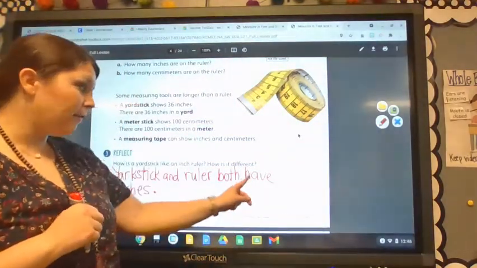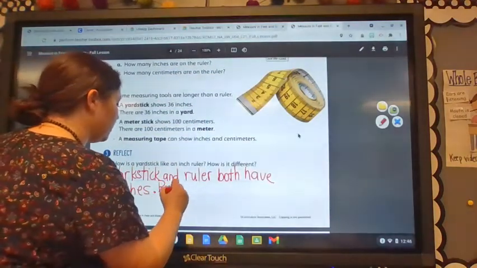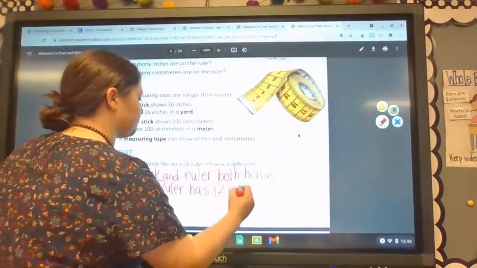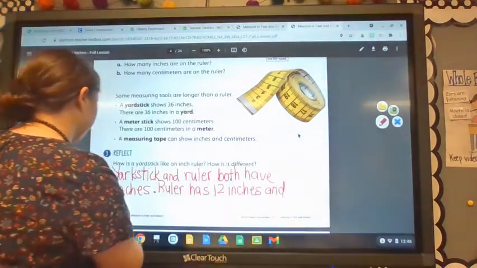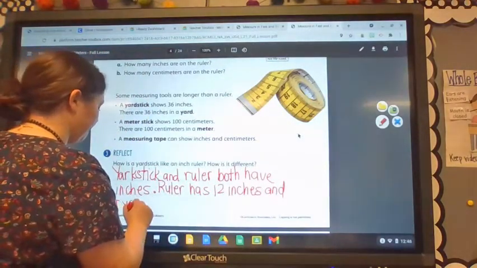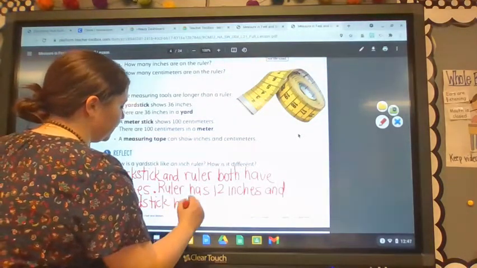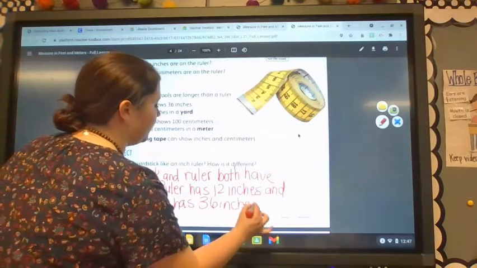Now, the thing that's different about them is how many inches they have, right? So a ruler has 12 inches. And a yardstick has 36 inches. So it is much longer than the ruler.